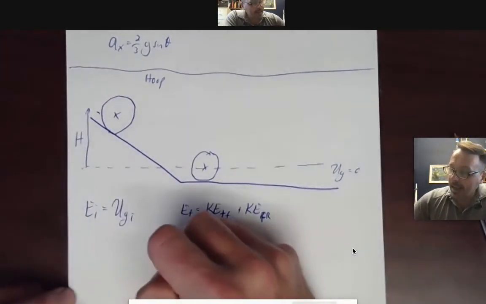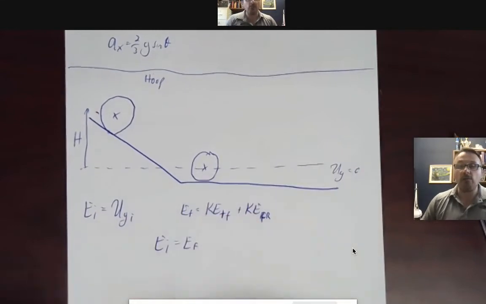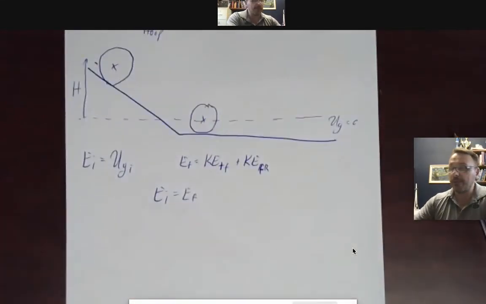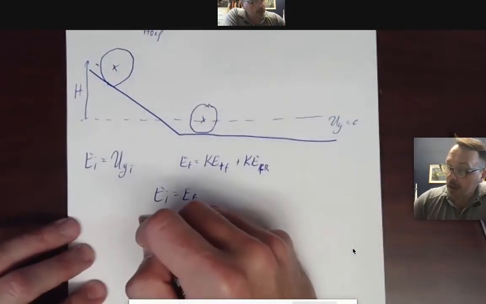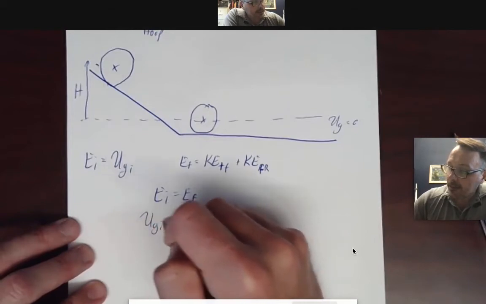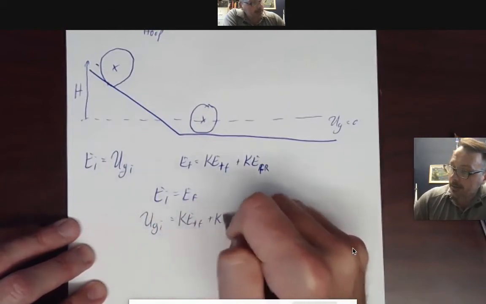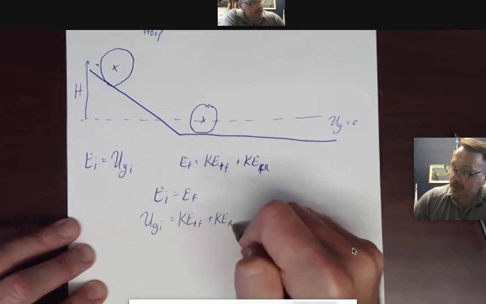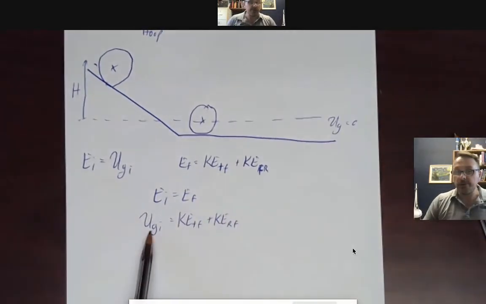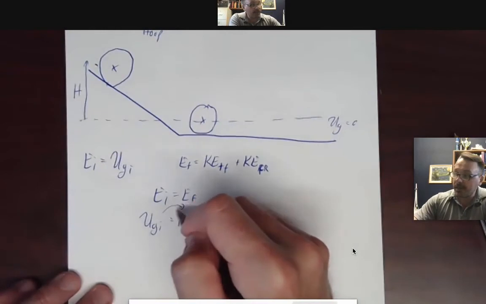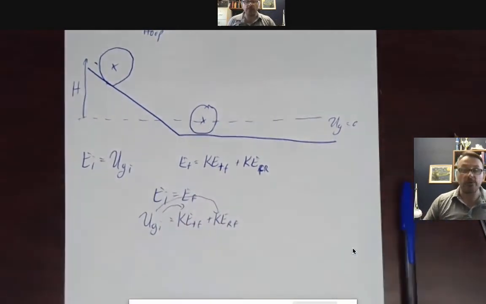So I can say energy initial is equal to energy final, and a lot of the multiple choice questions are about this. Notice that this pot of energy, so to speak, of potential energy is going to get distributed into both the rotational and the translational.